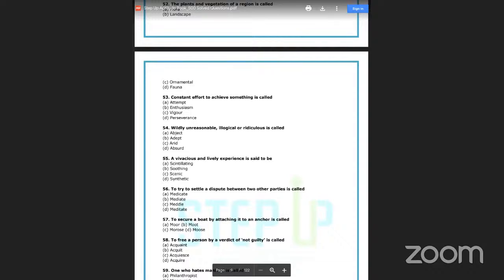Indeed. Okay. What is arid? It's something which is written. Absurd? Okay. So scintillating is what? It's a vivacious and lively experience.